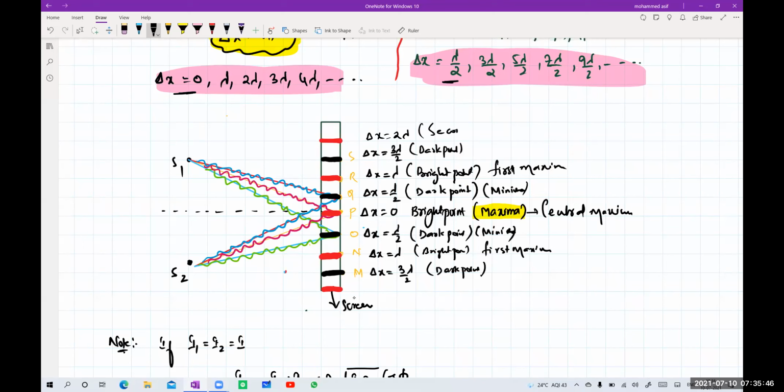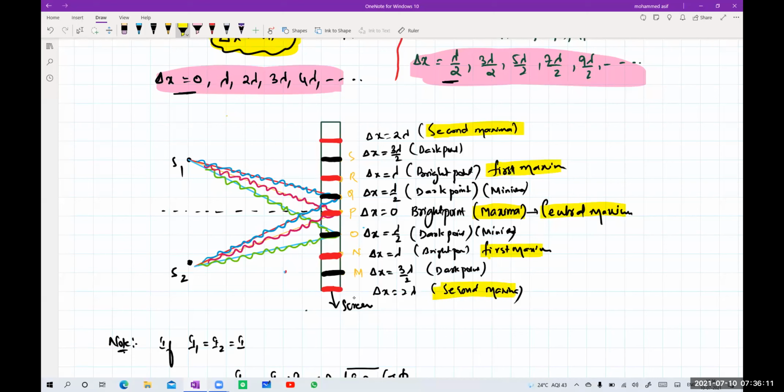Second maxima. So at delta x is equal to 2 lambda, we are getting the second maxima. So this is the central maxima, followed by first maxima above and below, and second maxima above and below.